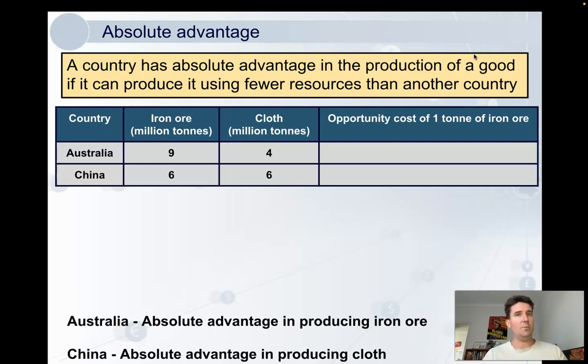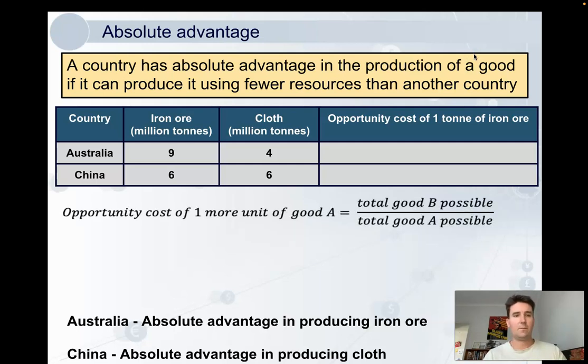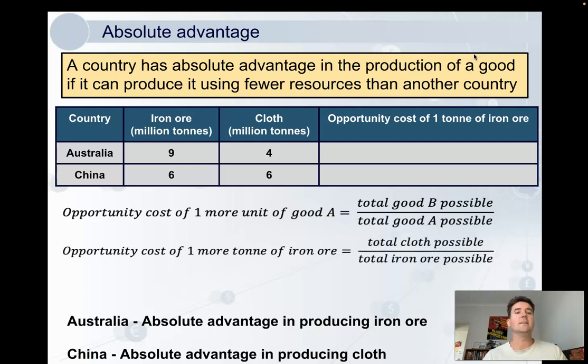We can also calculate the opportunity cost for each country of making 1 tonne of iron ore. That is, what is each country giving up per tonne of iron ore? This will be useful later. So we'll plug in this equation. What this is really saying is that the opportunity cost of 1 more tonne of iron ore equals the total amount of cloth possible divided by the total amount of iron ore possible.